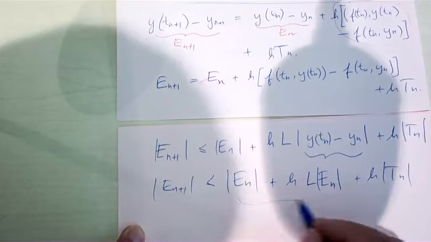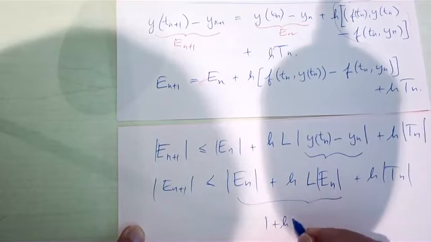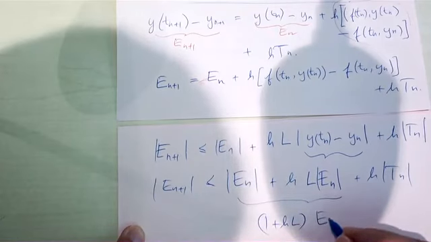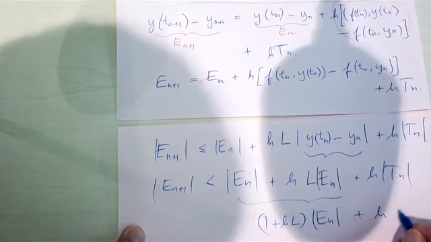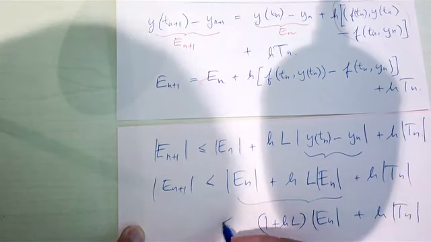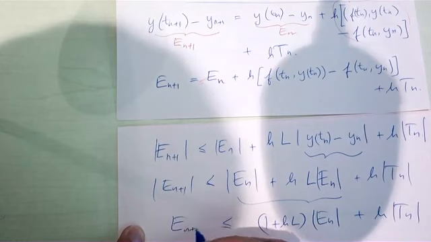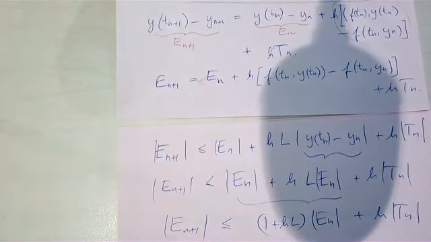So I combine the two terms, so it will be (1 plus hL)|en| plus h|τn|. Okay, so I have something like this. So I have the errors at step n plus 1 somehow related to the errors in step n by this relation. Okay? And we have to use the Lipschitz condition for the function f.